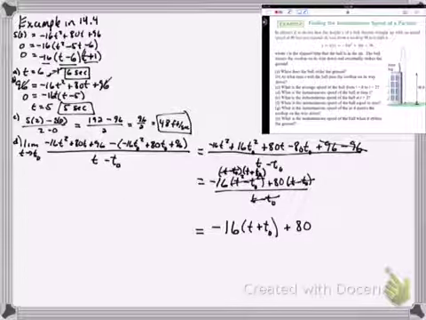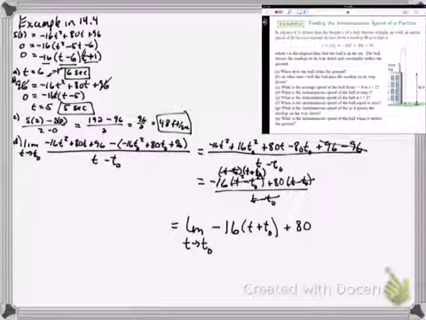And so, remember, we're actually taking all of this, the limit as t is approaching t sub 0. I didn't write that for all of these, but essentially that's what I'm doing.